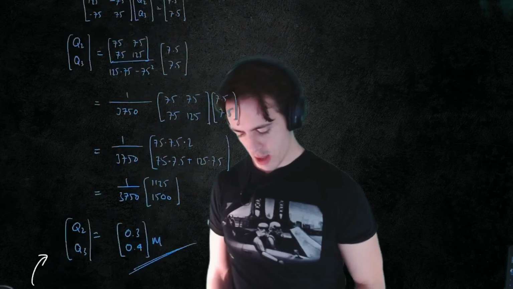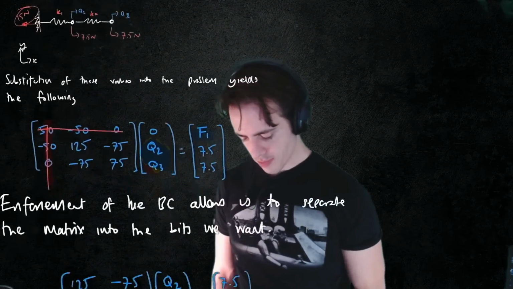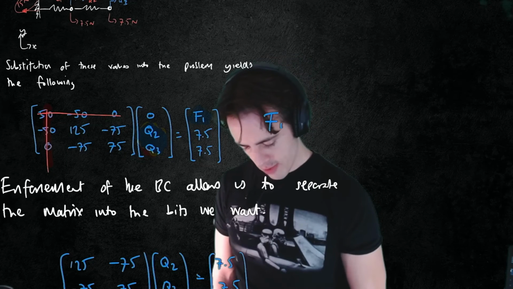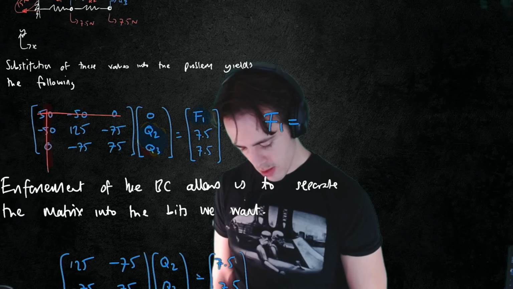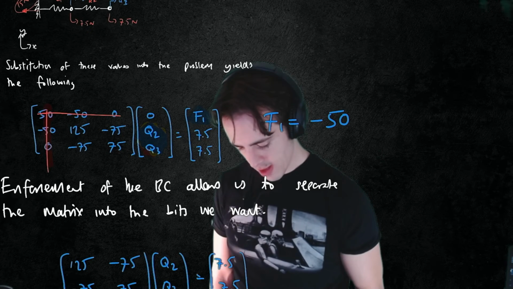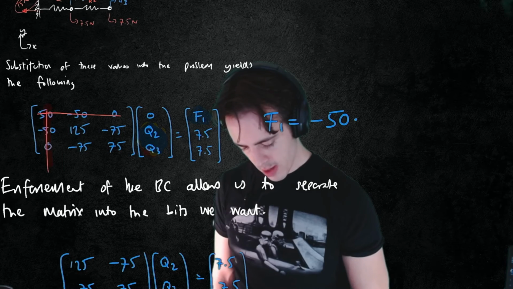So we go back up to this equation up here, and let's write this out. Let's see what F1, well, F1 was equal to 50 times nothing minus 50 multiplied by Q2.